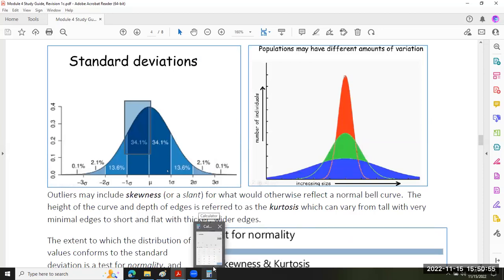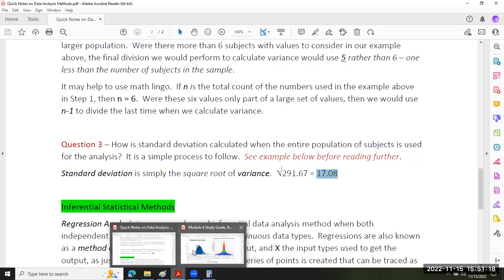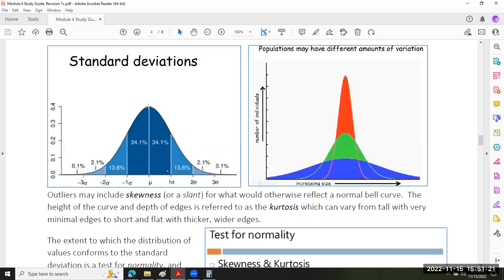Just in terms of quantities, and I'm talking about values, in terms of a range of values from 10 to 60, 17.08 represents this standard deviation on this chart. So each one of these sections is one standard deviation, this is a second standard deviation, this is a third, that's 2 standard deviations lower and 2 standard deviations higher.